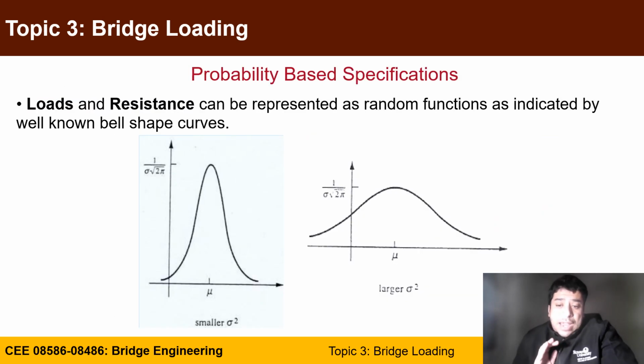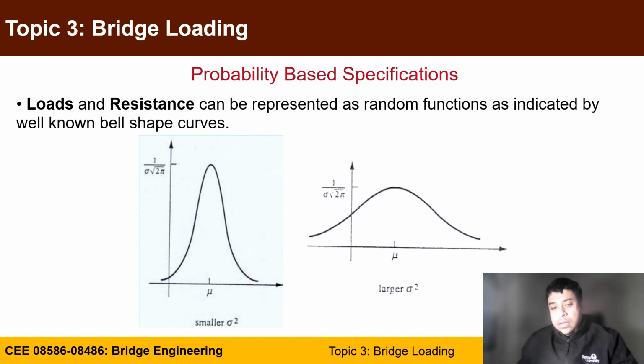So going back to the probabilistic based specification, your load and resistance can be represented as random functions. This is a distribution function for two types of distribution.